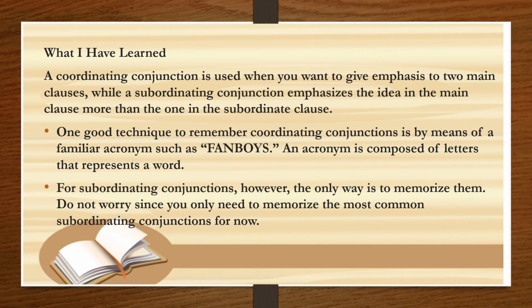Do not be confused with the two. A coordinating conjunction is used when you want to give emphasis to two main clauses, while a subordinating conjunction emphasizes the idea in the main clause more than the one in the subordinate clause.